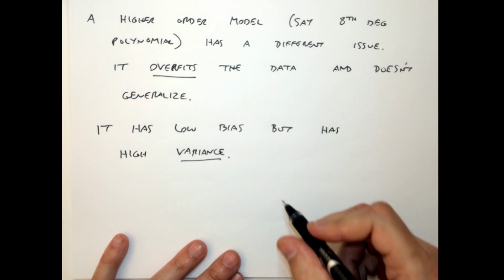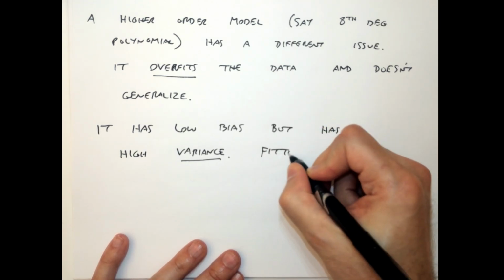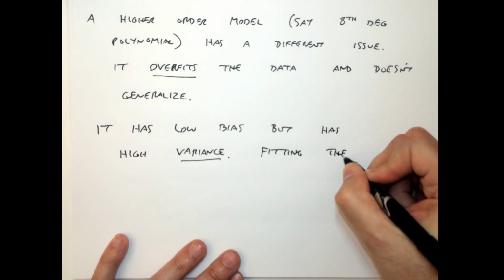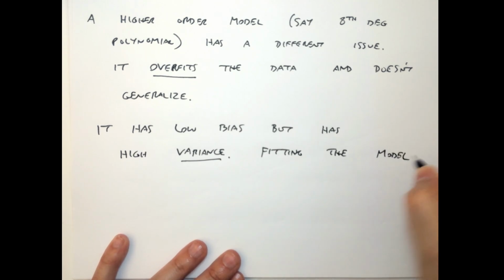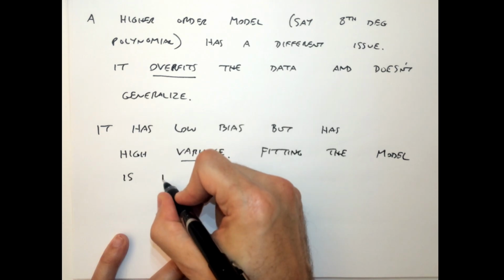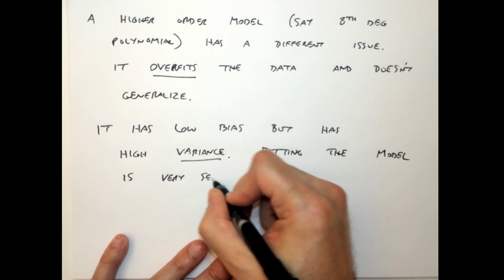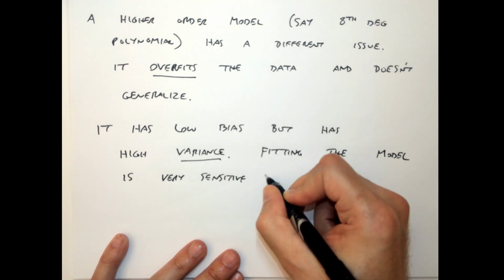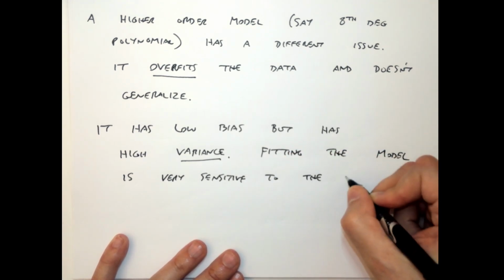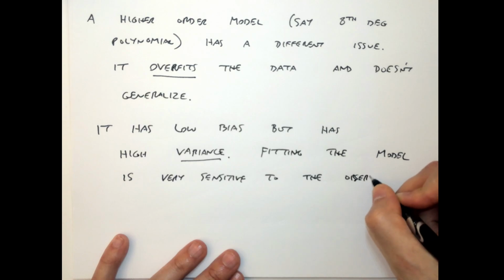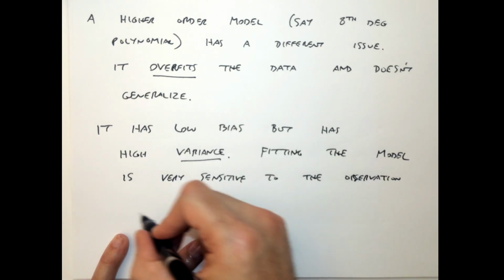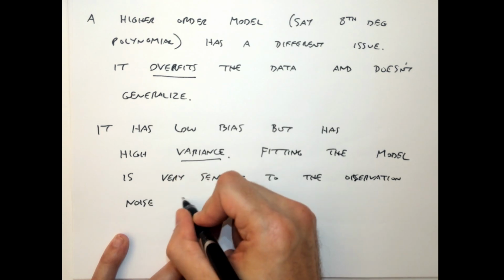And what that means is that fitting the model is very sensitive to the observation noise epsilon, right?